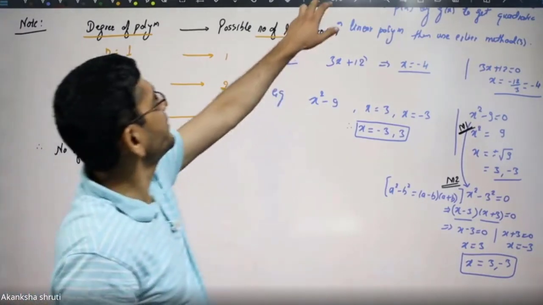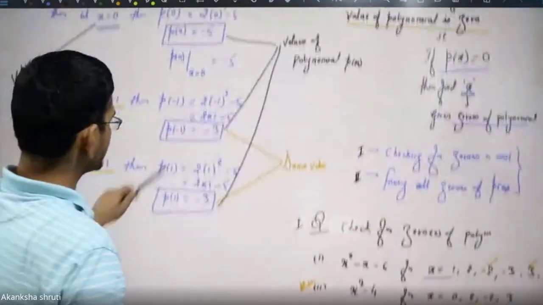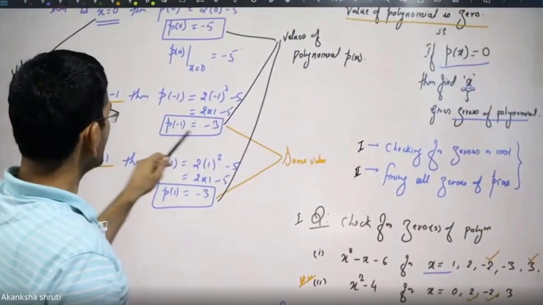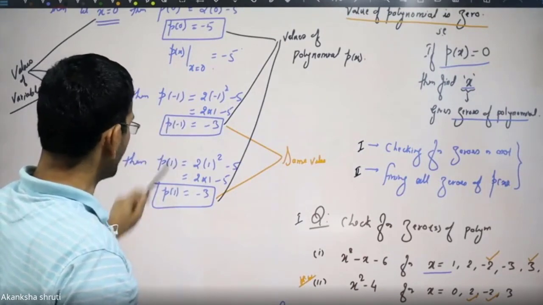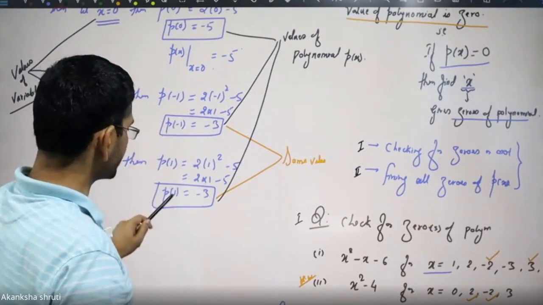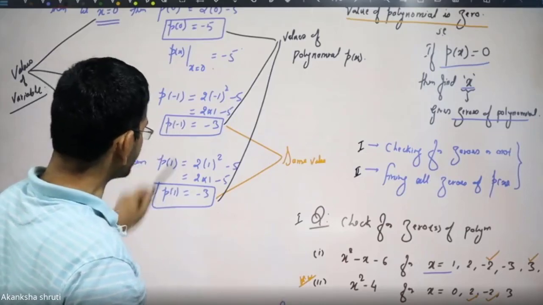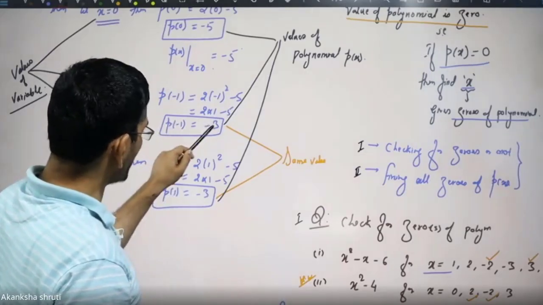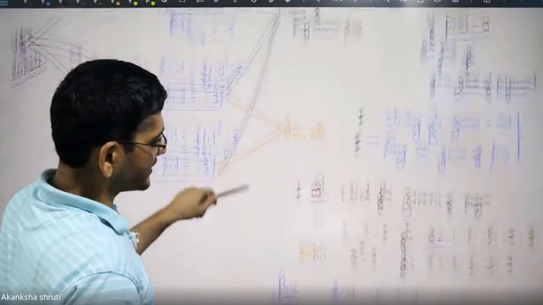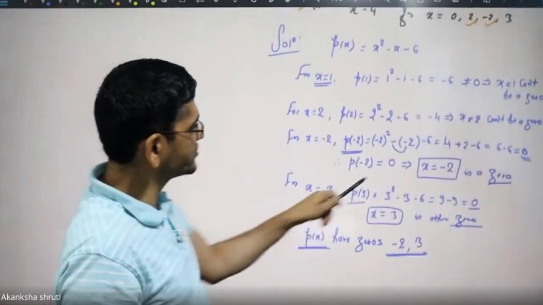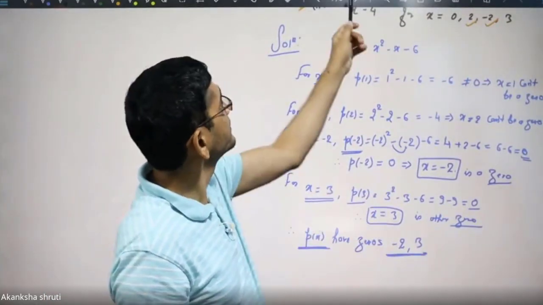Like here we have observed that the value of the polynomial is 0 for the two values of x. Getting now? It means how many values of x are possible for which the polynomial has the same value, or here we calculated these values as 0 for the two values of x. Both mean the same thing.